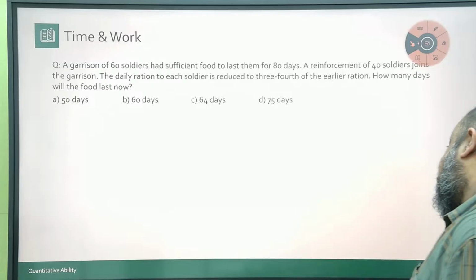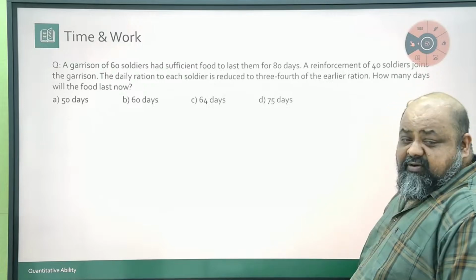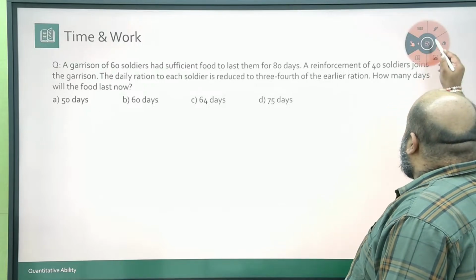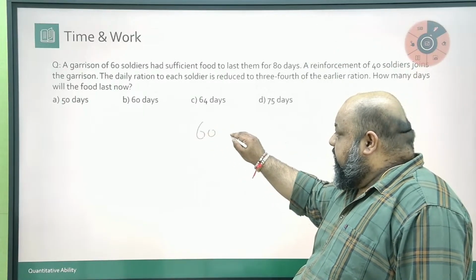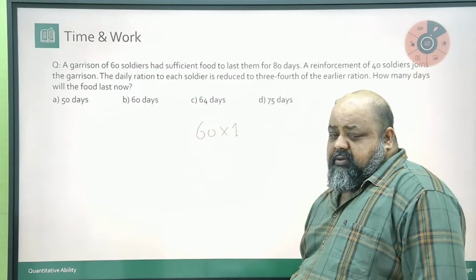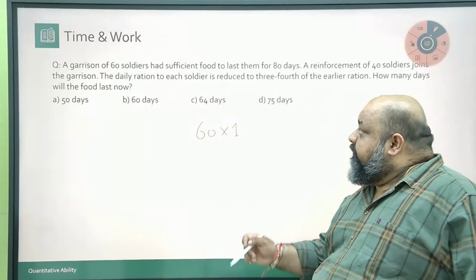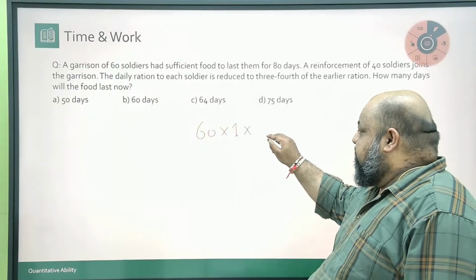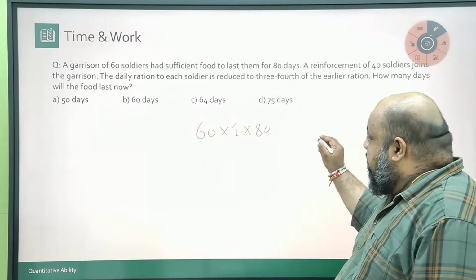So here what I'm doing is I'm saying, okay, initially if I look at it, we have 60 people, 60 soldiers. Suppose they're eating 1 unit of ration. This could be 1 kg of rice, for example, every day. And they are eating this for 80 days. So this is the amount of ration that I have, M1, D1, H1.